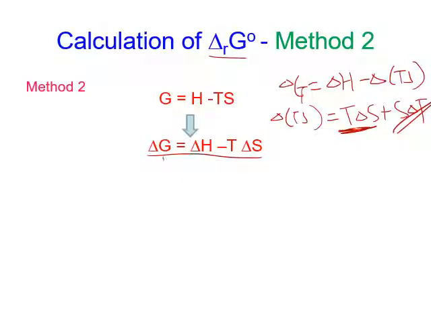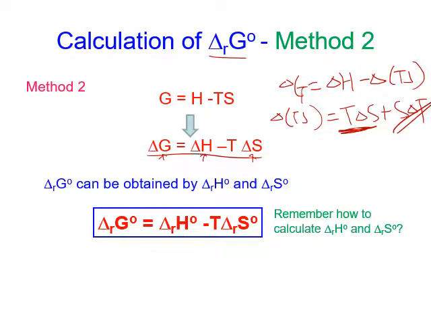If Gibbs energy is for a chemical reaction, then enthalpy is also for reaction, and entropy is also for reaction. So we have standard Gibbs energy of reaction equals standard enthalpy of reaction minus temperature times standard entropy of reaction. So how do we calculate the enthalpy of reaction and entropy of reaction?